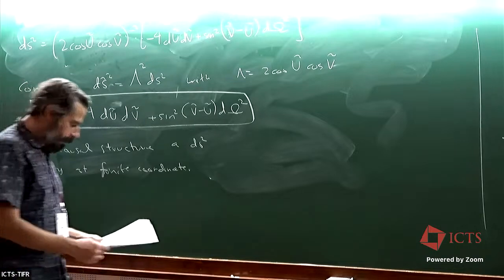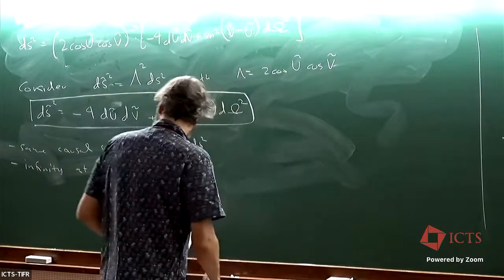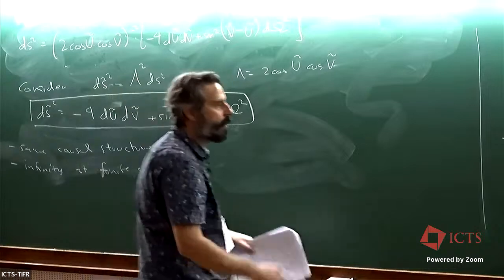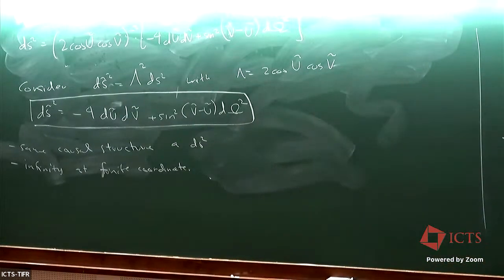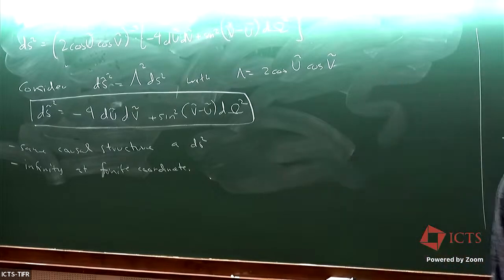So what I'm going to do now is add the points at infinity to the manifold to create a new manifold. I started with a manifold M and a metric g_ab. I'm going to end up with a new manifold, say M twiddle, and a new metric, g twiddle, a completely different spacetime, right? But with the same causal structure. That's the idea.